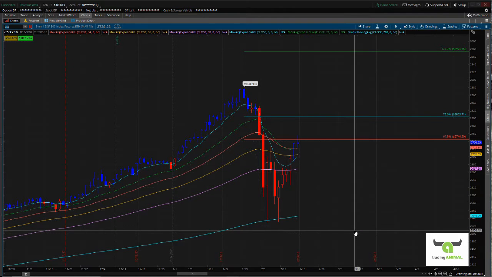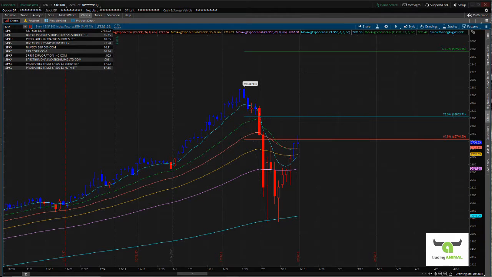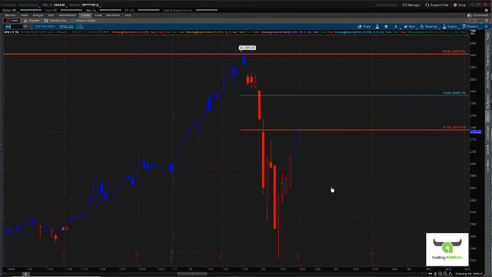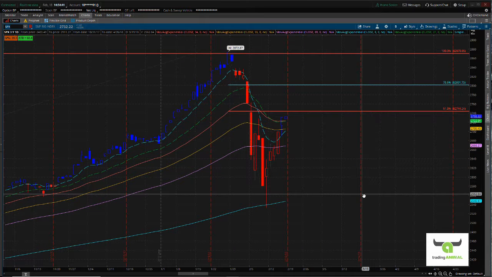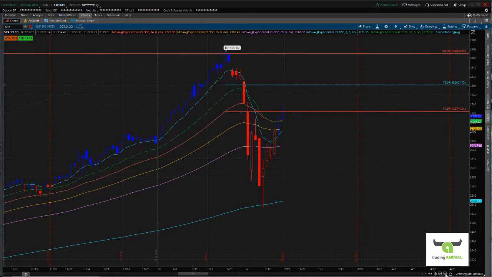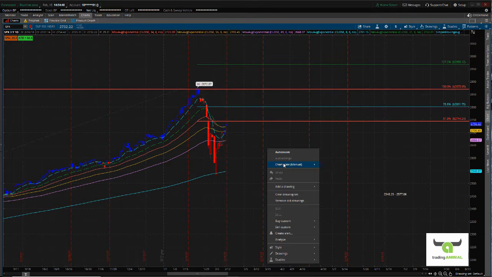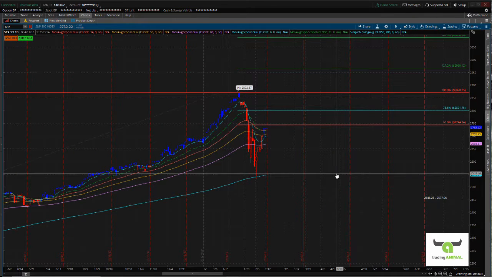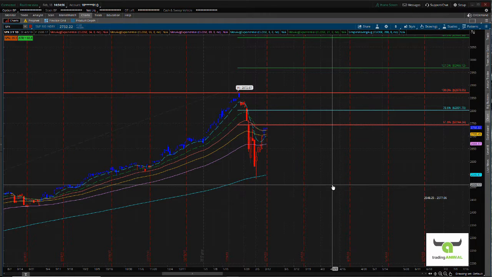So next, let's look at the S&P 500 cash, same as the S&P 500 futures. This chart again bounced off the 200 simple moving average, and we're up to that 618 retracement.